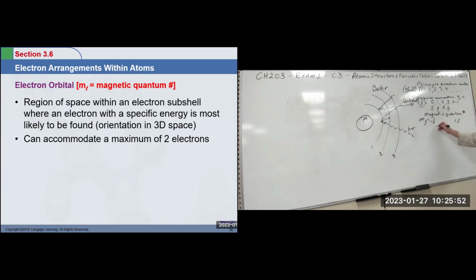So if L was 3, we could go minus 3, minus 2, minus 1, 0, plus 1, plus 2, plus 3. So you could have 7 levels inside this L.